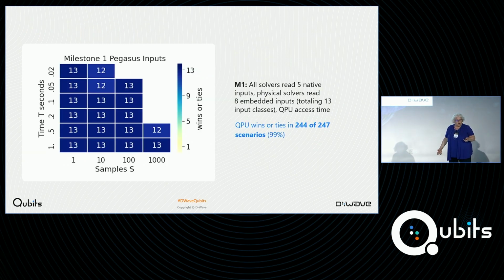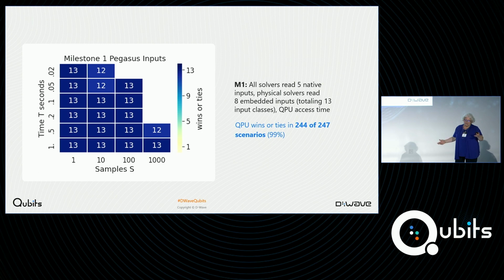So for milestone 1, you're comparing anneal time, access time, to just straight up computation time for the classical solvers. All of the solvers are reading the same inputs, which means that they are all Pegasus structured inputs, either native or embedded. We had 13 inputs, and we counted up how many of those inputs the QPU wins on.